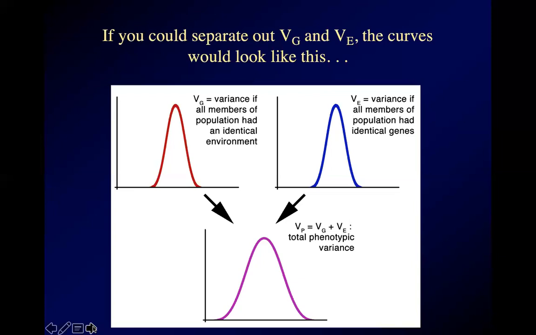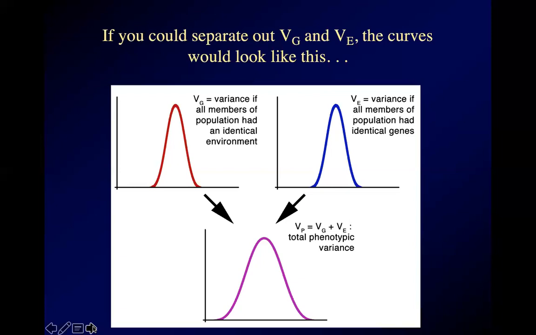And then we could measure VE by taking a bunch of plants that were all clones, maybe cuttings from each other, and growing them in a range of different environments. So if we had a population of plants that were all genetically identical, but raised in different environments, the plants might vary in their height, let's say, and that variance would be entirely V sub E, variance due only to environmental effects because there's no genetic variability at all.